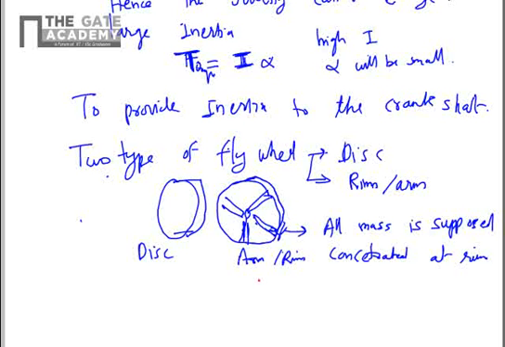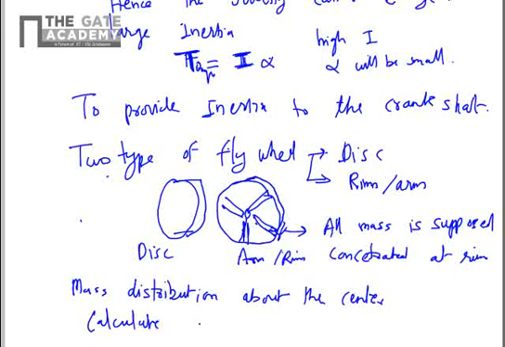Now, for either of the two designs, whether it's a disc type or arm type, by geometry and mass distribution about the center, we will be able to calculate I, that is the moment of inertia.